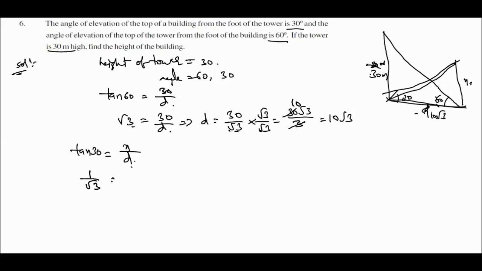So x is equal to 10 root 3 divided by root 3. Root 3 gets cancelled and x is equal to 10. So the height of the building is 10 meters. This is the solution to the sixth one.